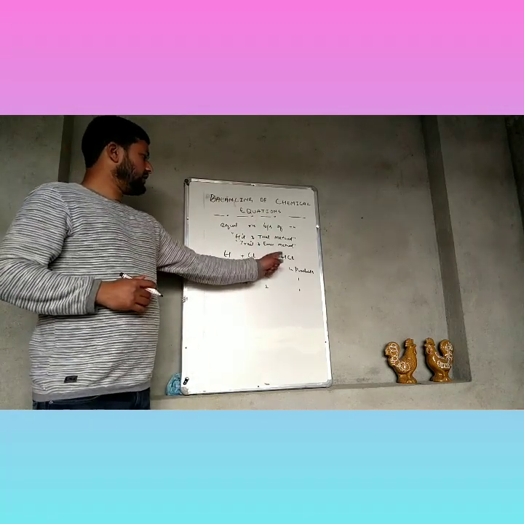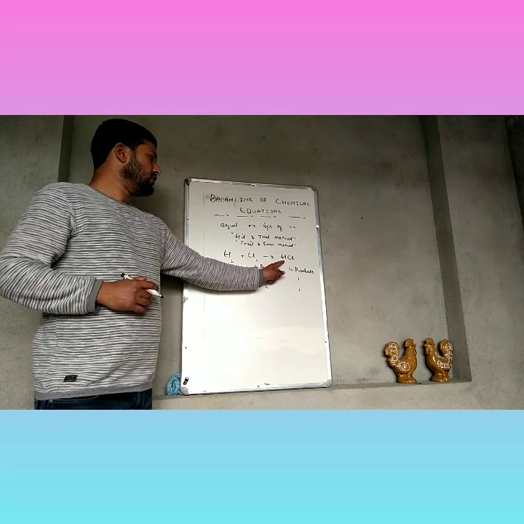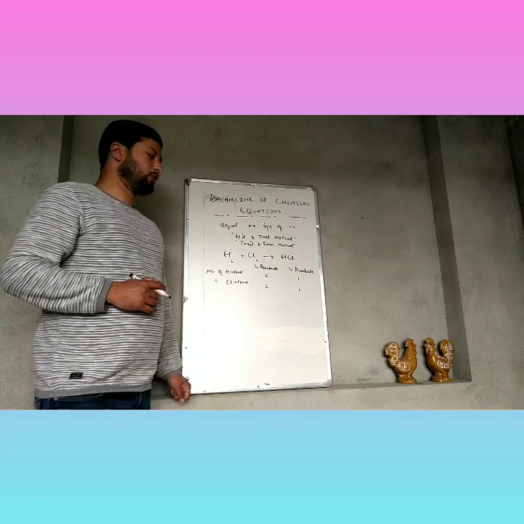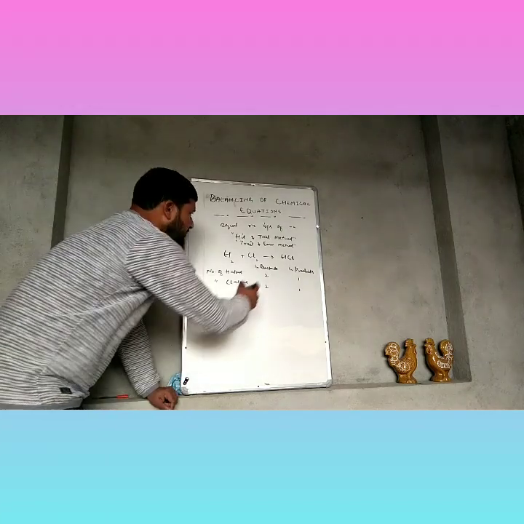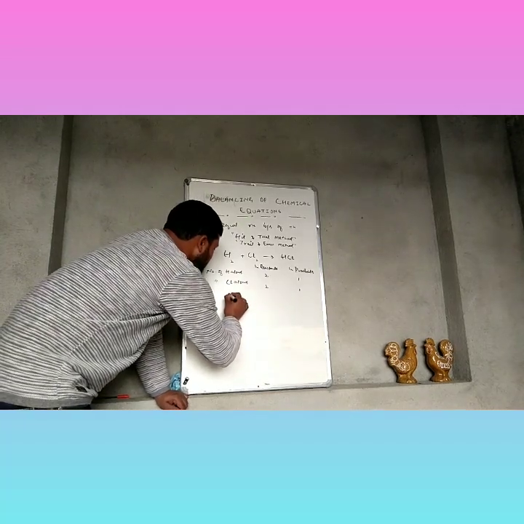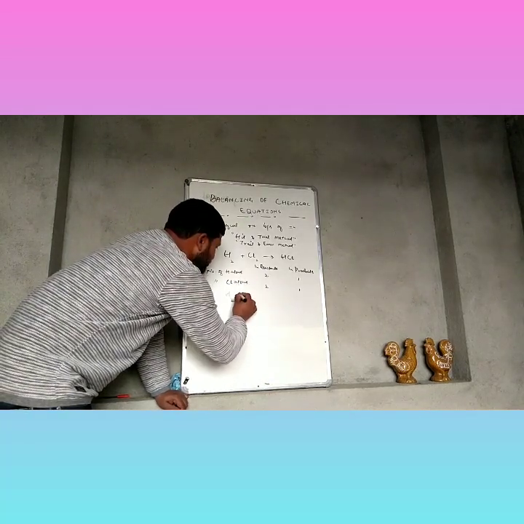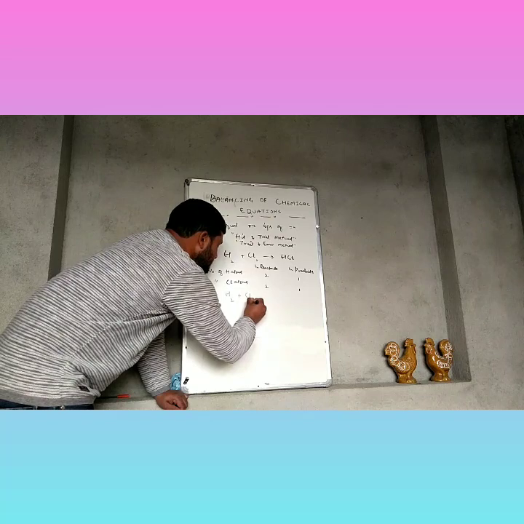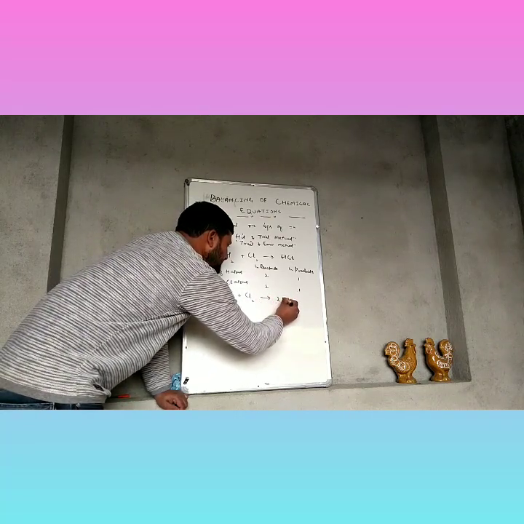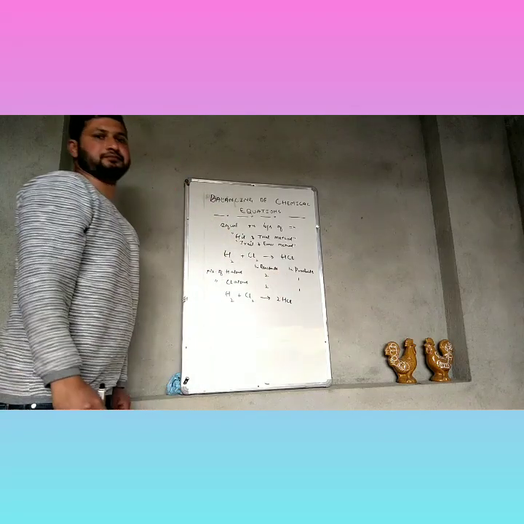So in order to make 2 hydrogens and 2 chlorine atoms on the product side, we will multiply this hydrogen chloride by 2. We will write the equation again: H2 plus Cl2 gives 2 HCl.